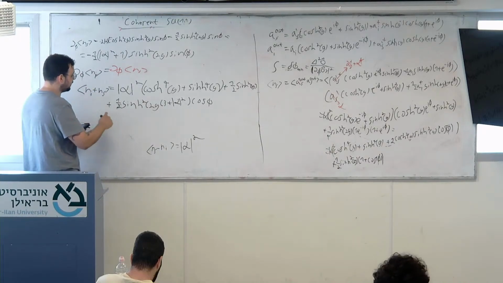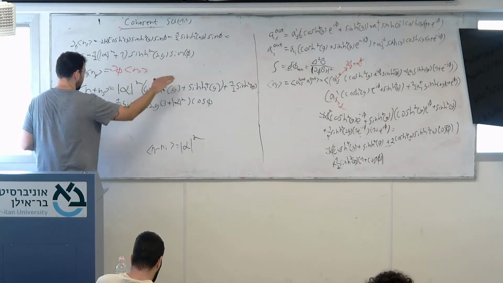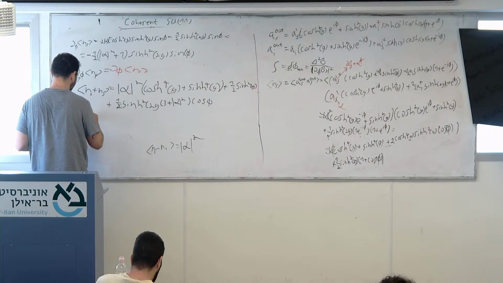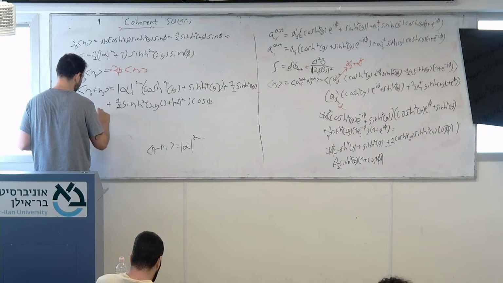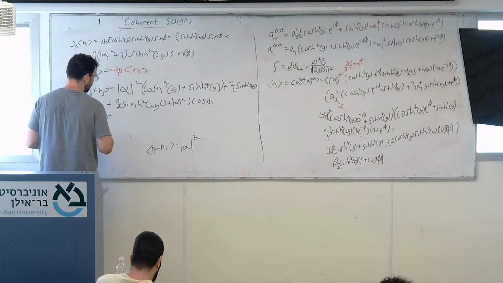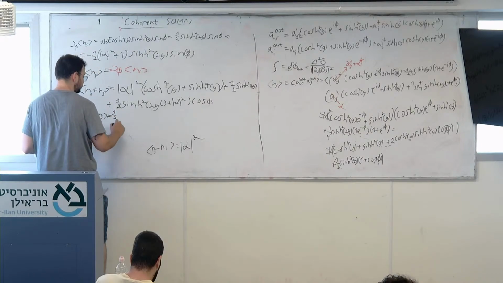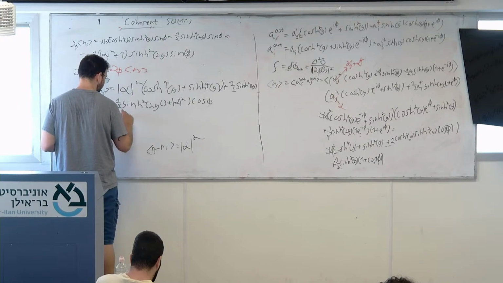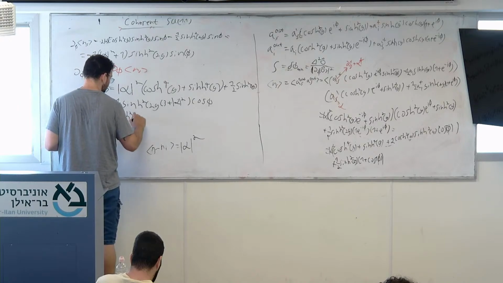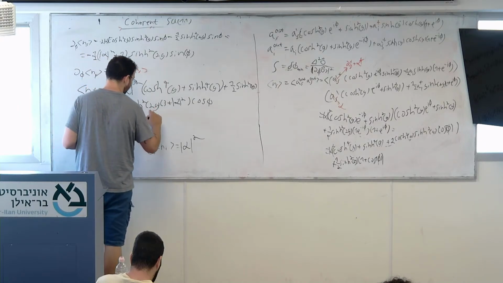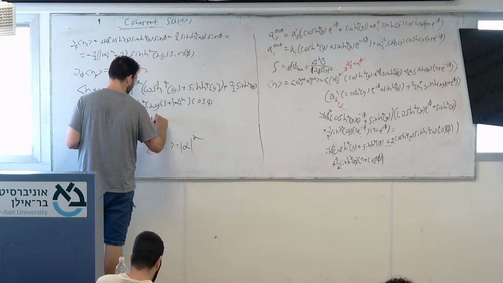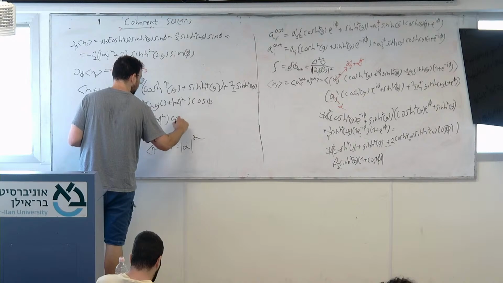And now for the derivative, the first term will disappear, so d phi of I plus s will equal 1/2 minus 1/2 sinh 2g times 3 plus absolute value alpha squared cos phi.